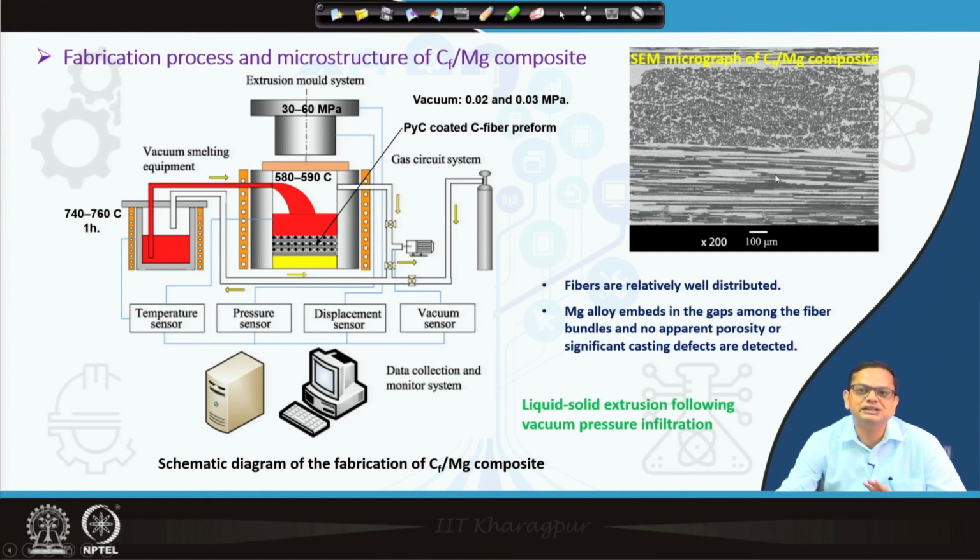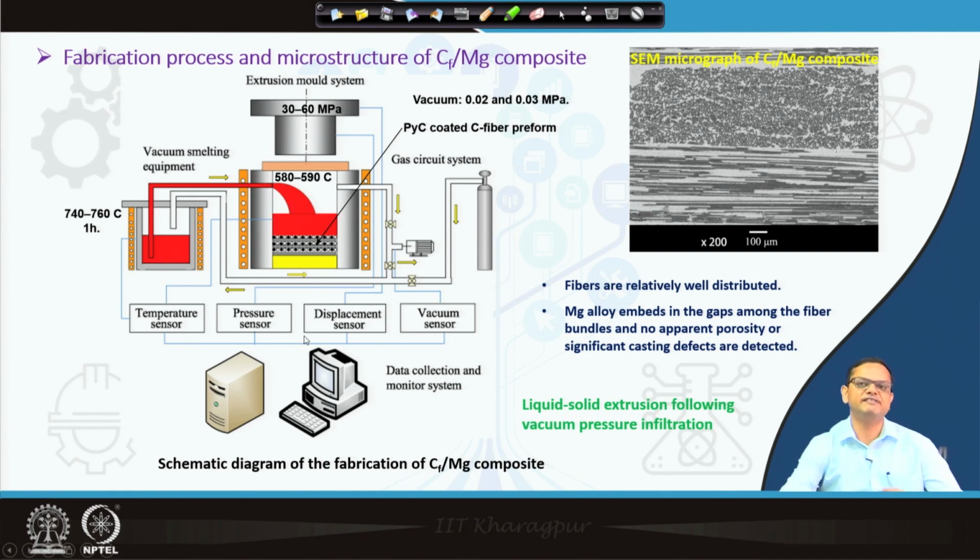Because of this pressure infiltration along with this extrusion, the porosity gets nicely filled, there is no defect. The defect is not coming because it is not completely liquid phase now. If you have a completely liquid phase, there will be shrinkage defects, liquid solidification shrinkage defects and all those things, but you are now avoiding those defects by using this semi molten state alloy.